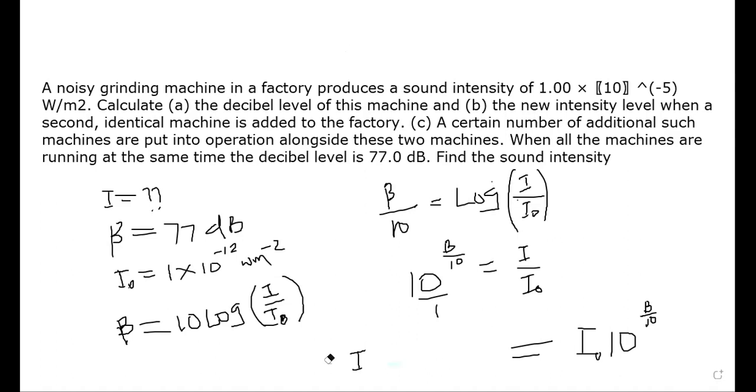We have I here equals to. So anytime we are asked to find the sound intensity, we are going to use this expression instead of going through the process of solving again.